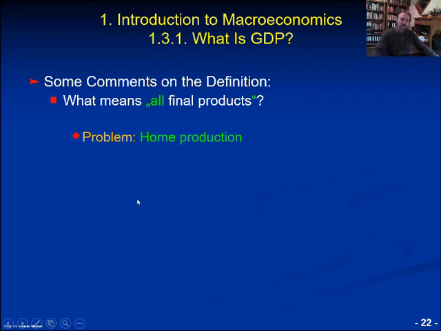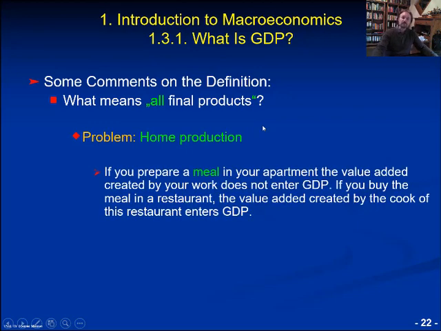First problem deals with home production. So, the official definition of GDP tells us that we should measure all final products, but home production is one area where we have difficulties in accounting for all final products. To understand the problem, consider a situation where you prepare a meal in your apartment. The value added created by your work does of course not enter GDP. If you would buy this meal in a restaurant, however, the value added created by the cook of this restaurant would enter GDP.